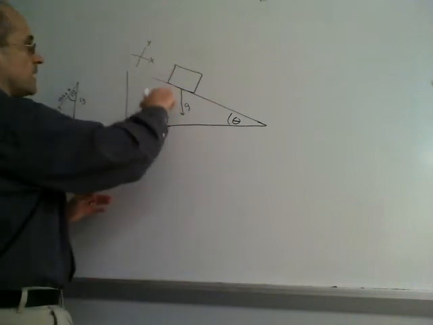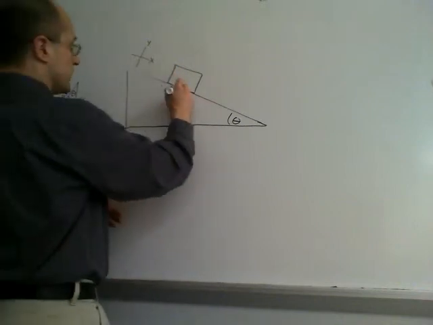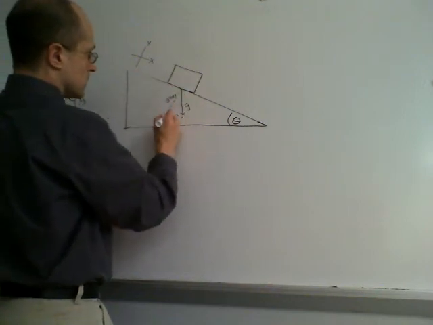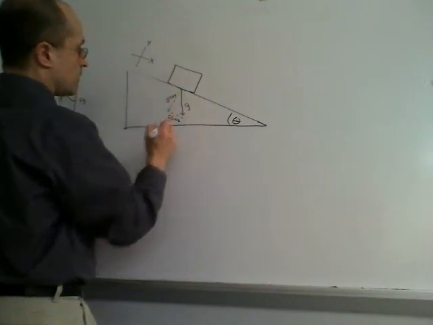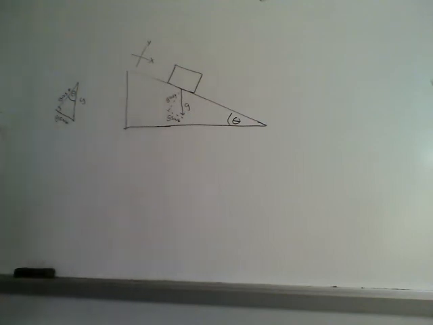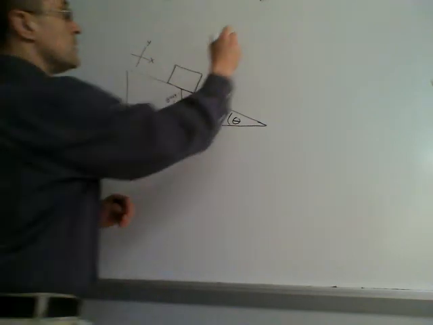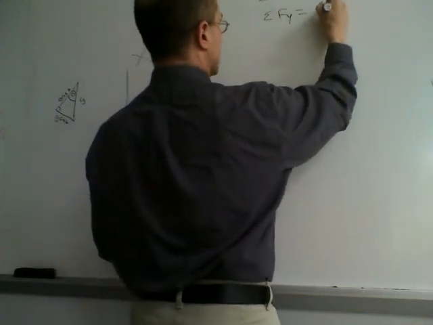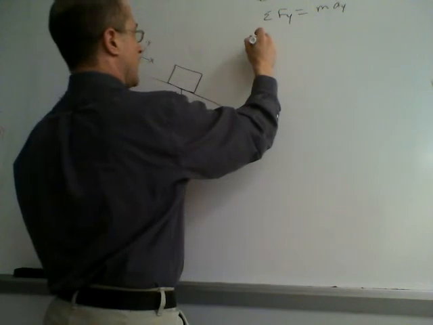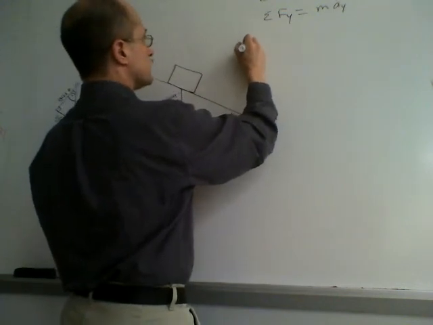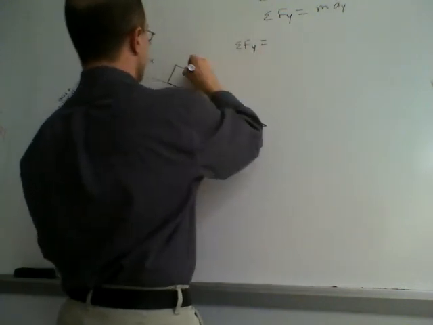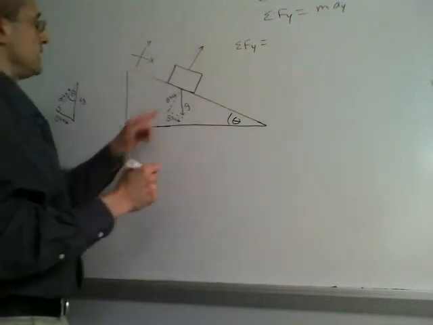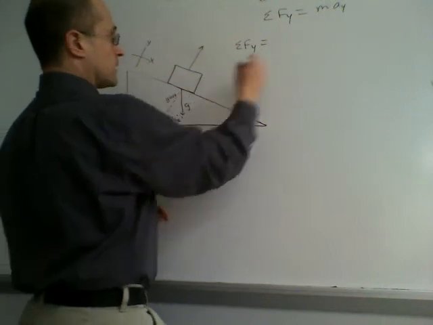So we can break gravity into its components in our new x and y reference frame. What we need to think about is what's now going on. We have g cosine theta, g sine theta. And we want to sum our forces in the x and in the y. The sum of the forces in the y is equal to may. We have a normal force that acts up to hold the block on the plane, and we have mg cosine theta working against it.